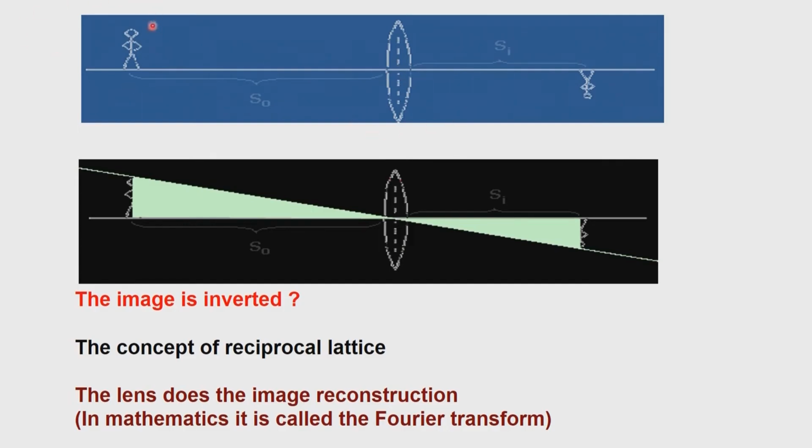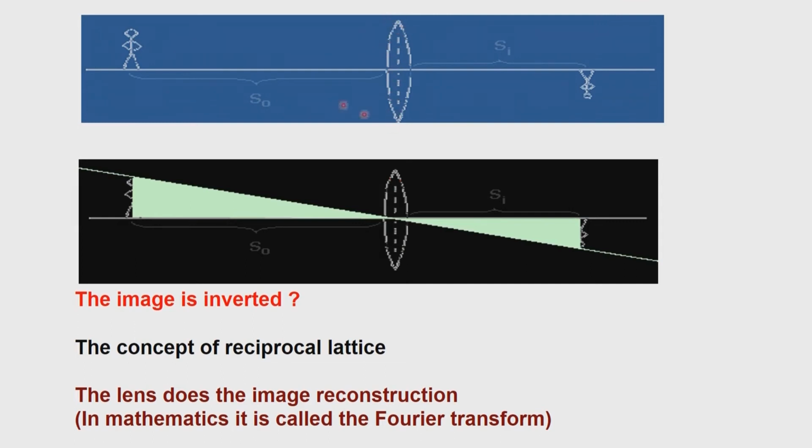So, here is a situation where there is an object, in this case I have shown a picture, and this picture now goes to the convex lens. Light is scattered from different points on this, and all the light scattered from different points will generally emanate at sufficiently large distances as a plane wave, which is up here.